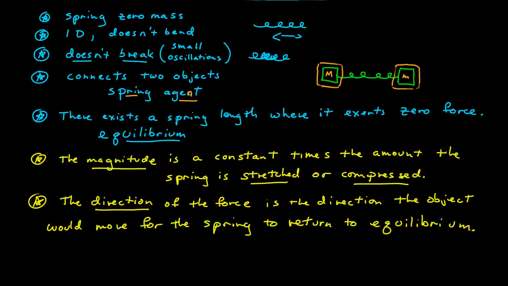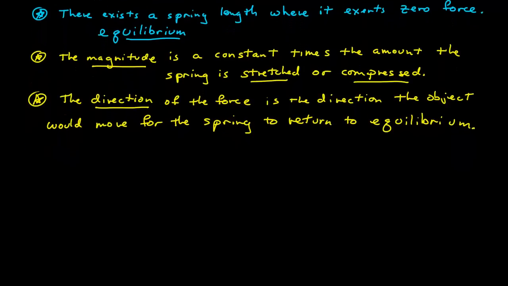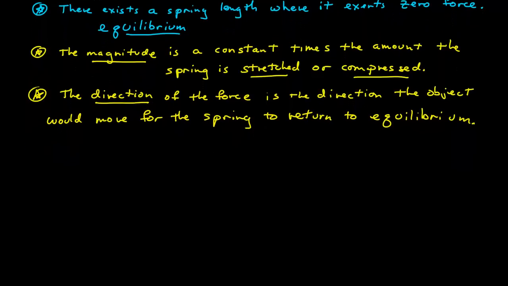All right, so let's see what this means here. So let's say I have two masses, M1 and M2. They're connected to each other by some spring. And let's say at first this spring is in equilibrium. So this is its natural length.